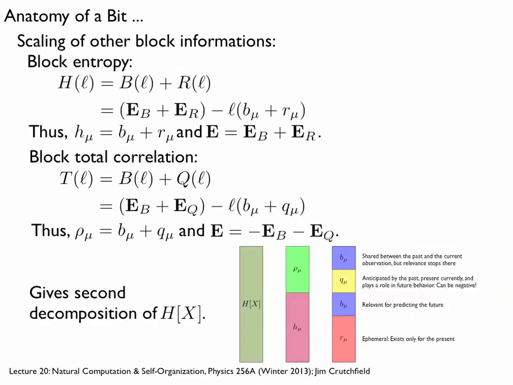So let's just compare block entropy and block total correlation. Well, one of these identities is that H of L is bound information plus the residual. Given the previous definitions, we have their own little offsets. These offsets in the linear asymptote, I'm giving them bold E to indicate there's some relationship to excess entropy.